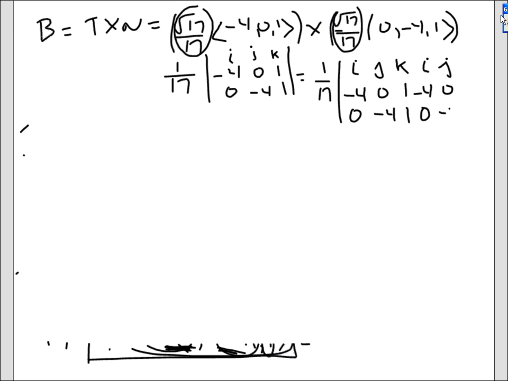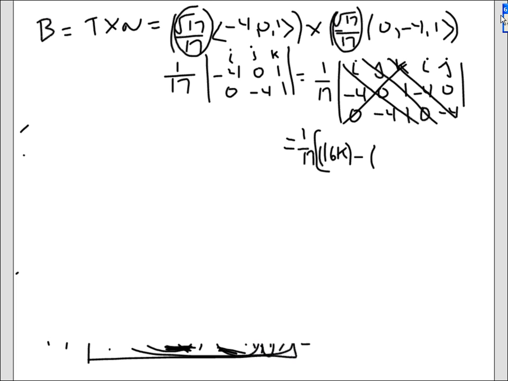Repeat. Okay. Is this product, which is 0, plus that product, which is 0, plus this product, which is 16K, minus this product is 0, plus this product, which is negative 4i, minus 4j. You take away a negative 4i, you get 4i.